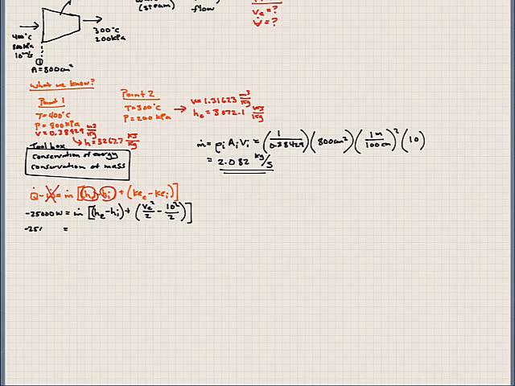So we have minus 25,000 watts equal to 2.082 times the enthalpy at our exit, 3072.1, minus the enthalpy at our inlet, which is 3267.7, plus V exit squared over 2 minus 10 squared over 2.